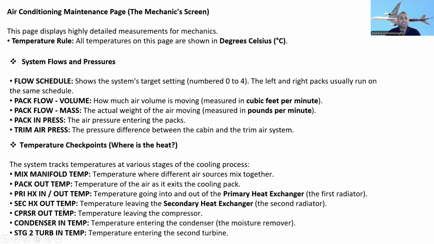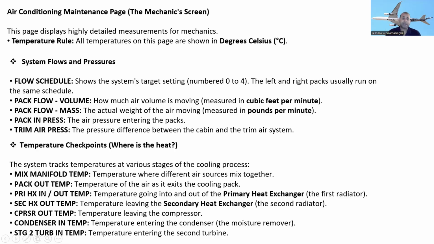The next one, secondary heat exchanger out temperature, the temperature leaving the secondary heat exchanger, which we call the second radiator. Next, the compressor out temperature, the temperature leaving the compressor; condenser in temperature, the temperature entering the condenser, the moisture remover; and the TGT2 turbine in temperature, the temperature entering the second turbine.